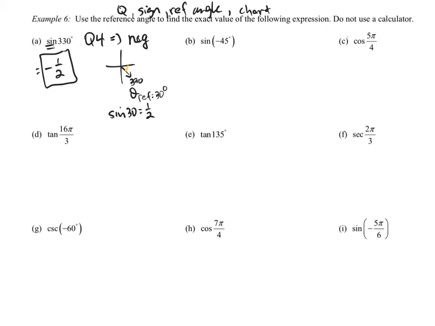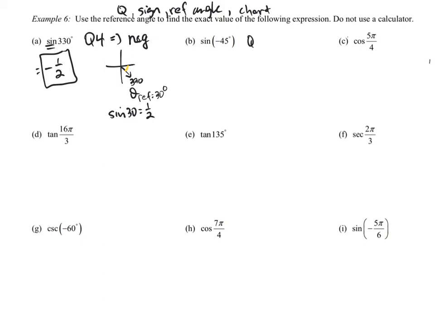Again, it's negative because 330 is in the fourth quadrant, and in the fourth quadrant, sine is negative because of all-star trig class. And then the reference angle is 30 degrees, and sine of 30 from our chart is equal to a half. So if you put those two things together, you get the answer, negative a half.